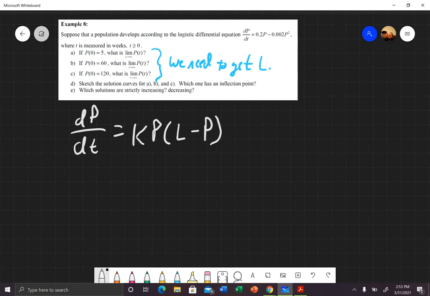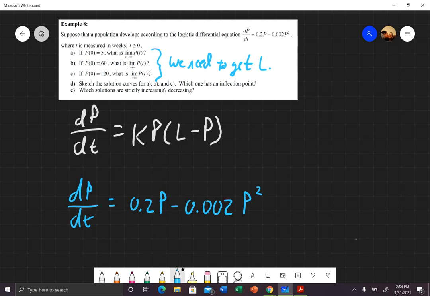If we take what they gave us, which was dP/dt equals 0.2P minus 0.002P squared, we've got to ask ourselves, what do we have to do to this equation to get it in the form that we're comfortable with, where we have in parentheses the limit minus just a single P?